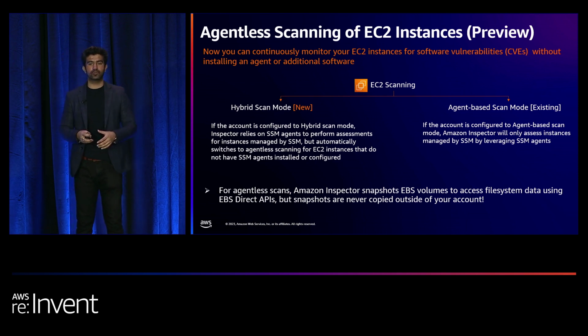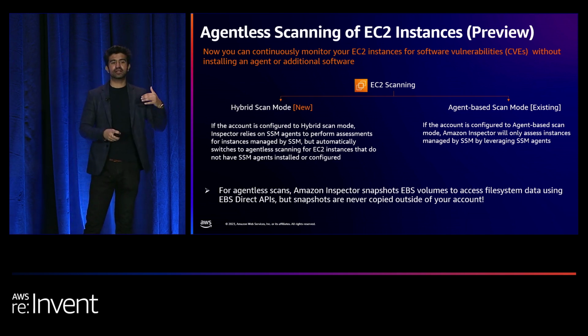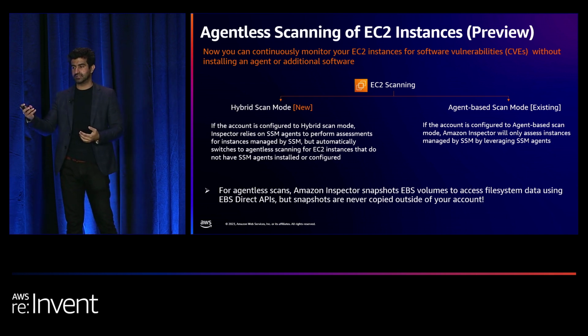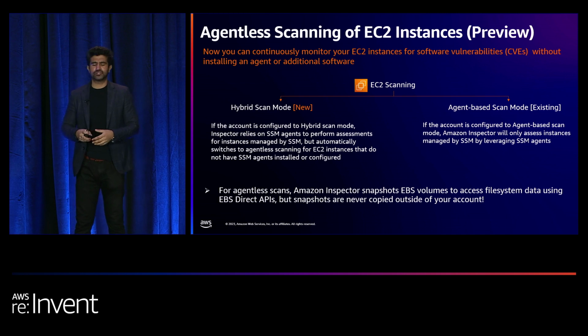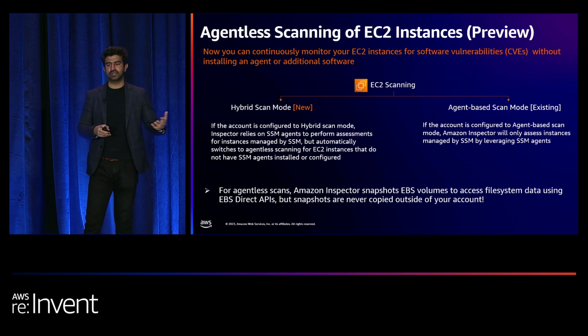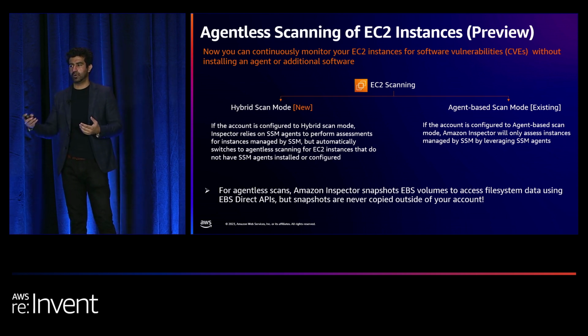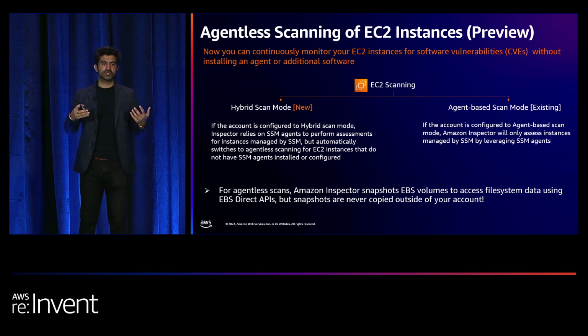With one click, we will still continue to rely on SSM agents where they are configured and installed. Now, let's say for some reason your application teams are behind in deploying agents, or your agent wasn't configured, or basically your agent is not working.